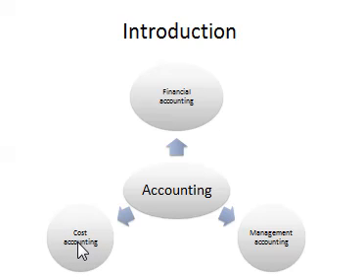Then we also have another branch of accounting, which is cost accounting. Cost accounting is mainly about how to determine the cost of producing a product or the cost of producing a service. Another branch of accounting is management accounting. Management accounting is about decision making.